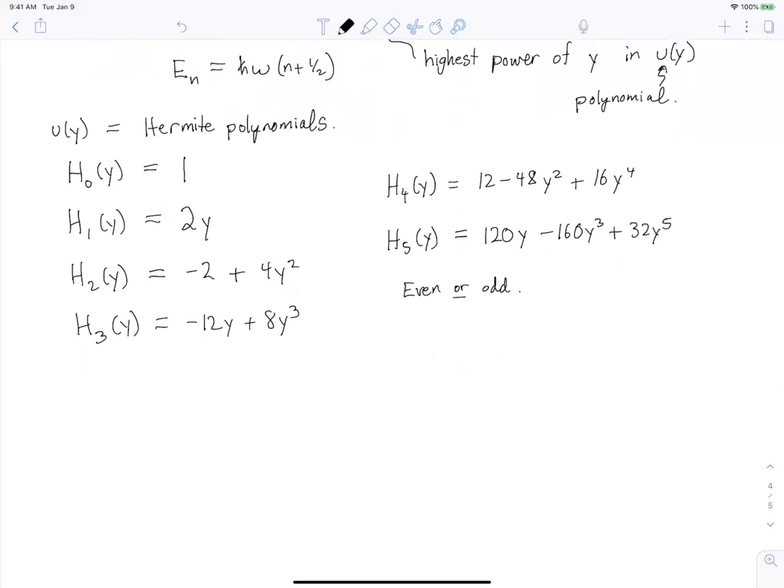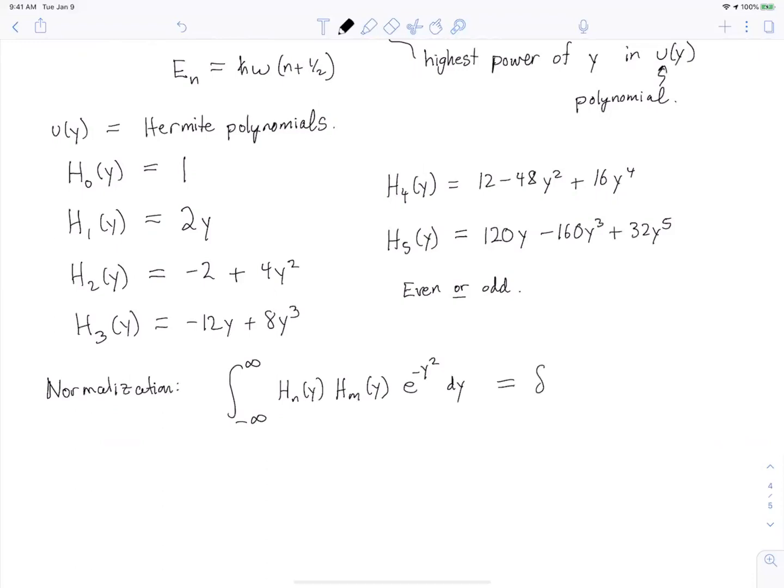One is, with the normalization that we've picked here, or actually more generally than that, the normalization is defined so that if you integrate from -infinity to infinity of one Hermite polynomial times another one, times a factor of e to the minus y squared, dy, that's equal to a Kronecker delta that says it's only non-zero if n and m are the same.